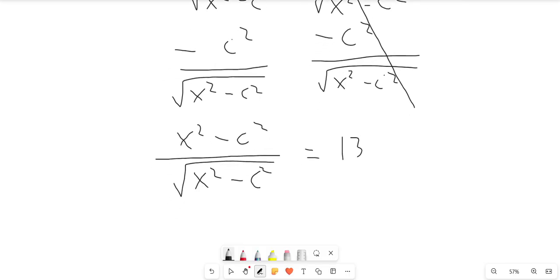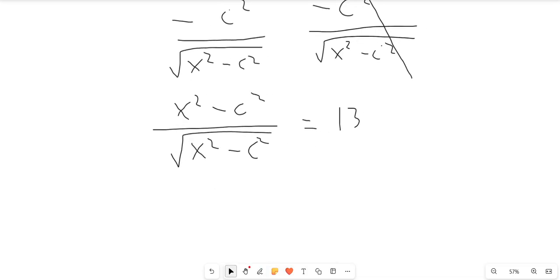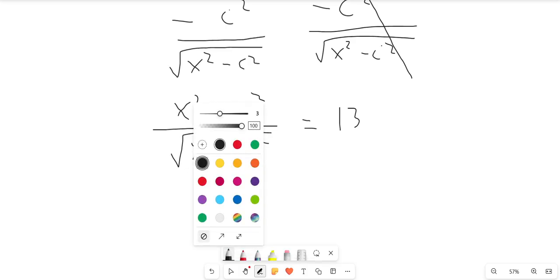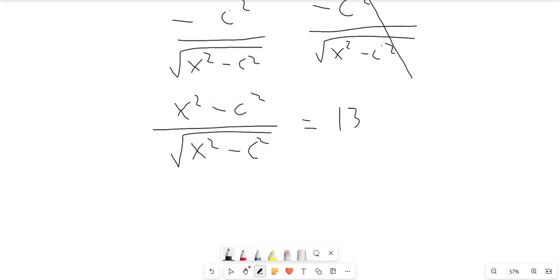Notice that on the left side, the numerator and the denominator are both the same, except for the fact that the denominator is the root of that quantity. So any quantity divided by its own root will simply be that root. So the left side evaluates to be the root of x squared minus c squared equals 13.